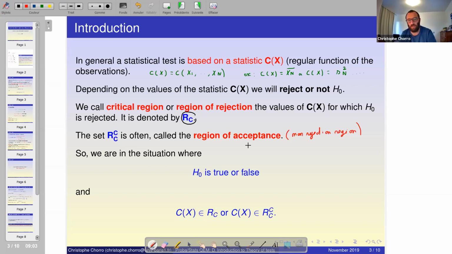Here, be careful, the notation is maybe a little bit strange, but RC here is the critical region, and the complementary set is denoted differently: the C in the first is for critical, not the same as the C for complementary.